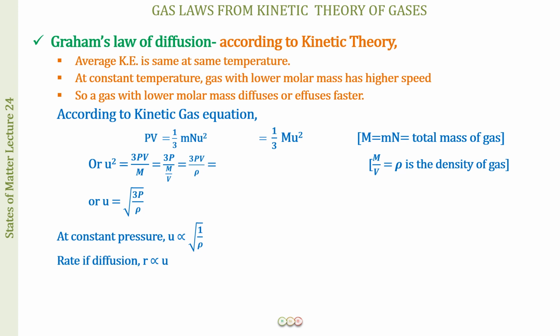So hence what we can say is that R therefore is going to be inversely proportional to the under root of density of the gas, and this is what we have as the expression for Graham's law of diffusion. Fine. I hope all these laws are clear to you, how we explain them with the help of the kinetic theory and how we can derive all of these laws from the kinetic gas equation.